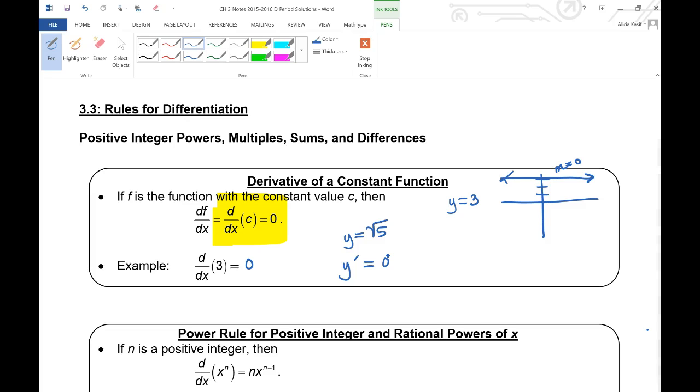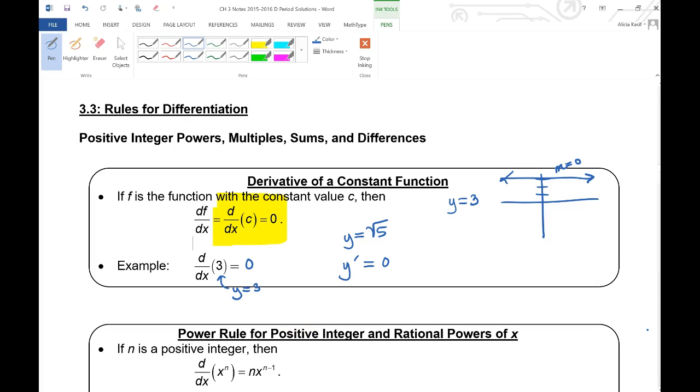And if you see d dx, that just means take the derivative of 3. Again, whatever's inside, this is like saying, what's the derivative of y equals 3? So the derivative of 1,000 is 0. The derivative of negative 17 is 0. Anytime it's a real number, it's 0.